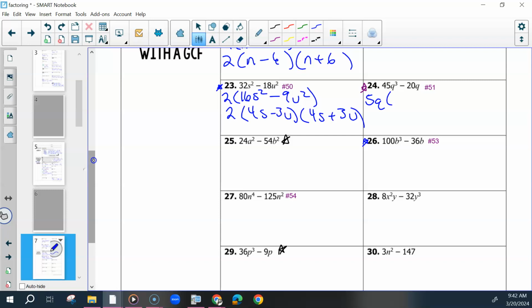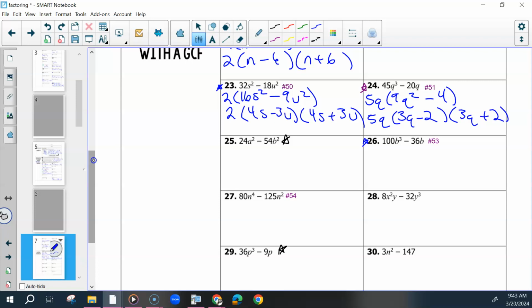If I divide out 5q, what's left? 9q squared minus 4. And then could we use GCF or difference of squares here? Difference of squares. Yes, and then what would those 2 factors be? 3q minus 2 and 3q plus 2.